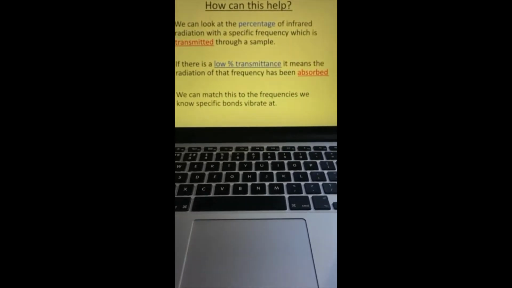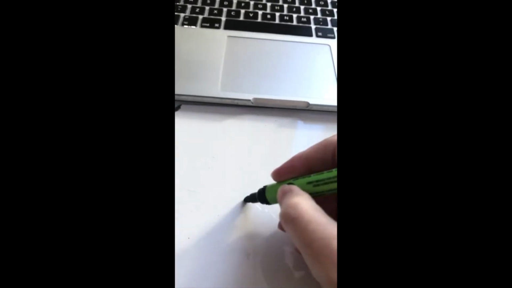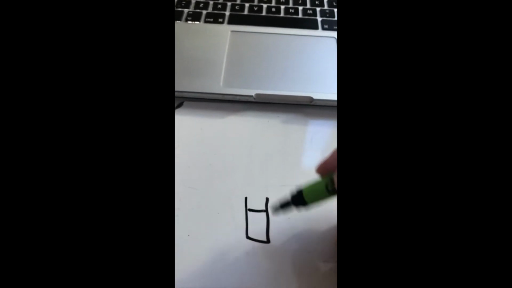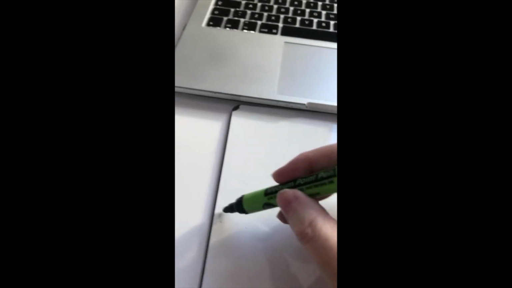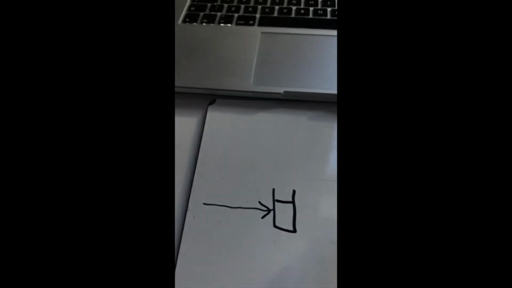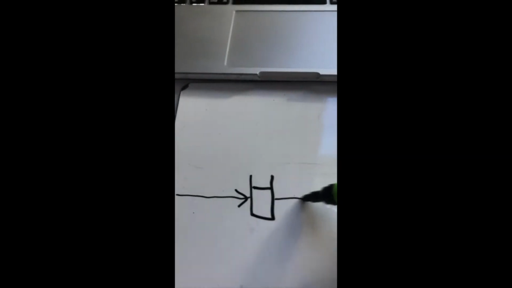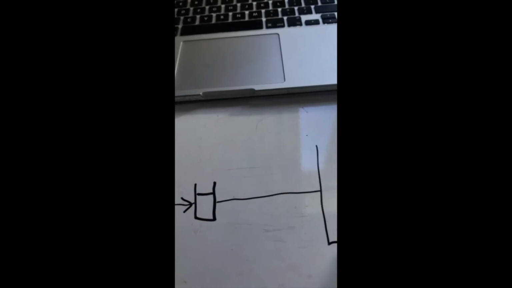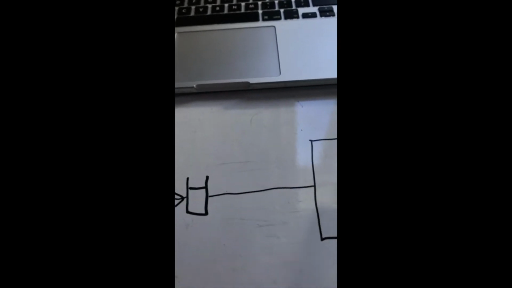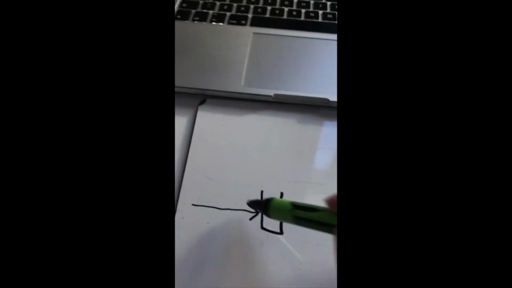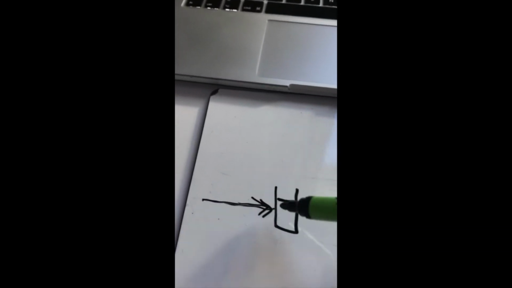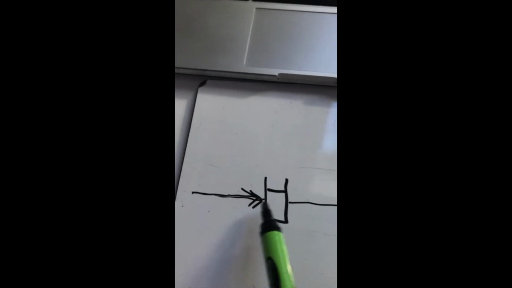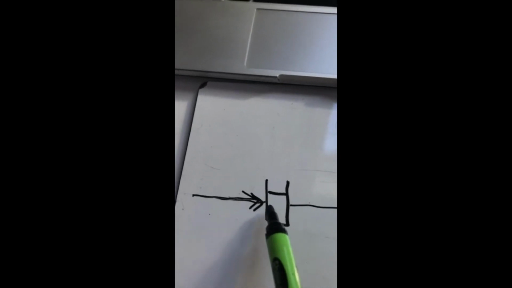And so what we get is a situation where you have a little container like this, and you put your sample in that you want, and then you shine a light through the sample like this, and then it comes out the other end, and you have a detector over here. As you shine the light through, you change the frequency or the wavelength of your infrared radiation.